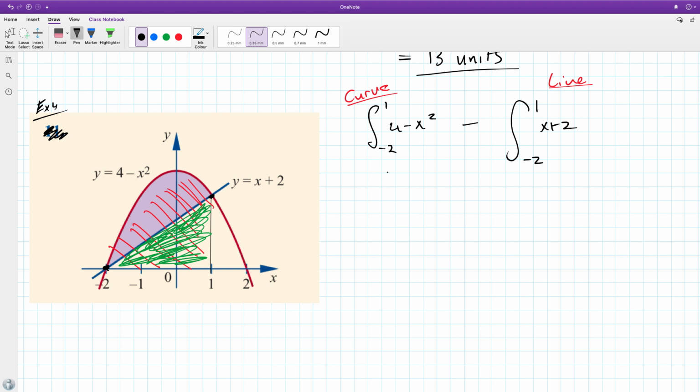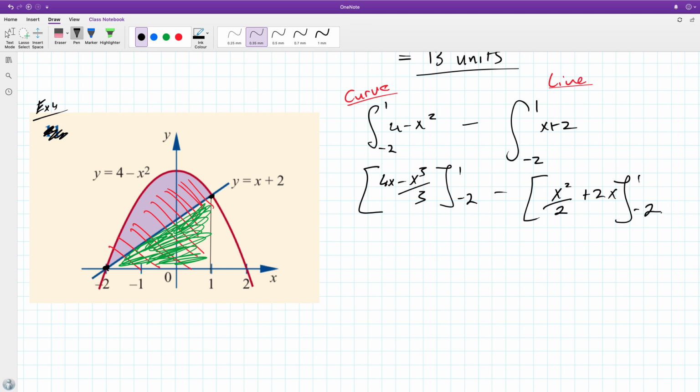So, let's integrate 4 minus x squared first of all. That is 4x minus x cubed over 3 between 1 and minus 2, minus x squared over 2 plus 2x between 1 and minus 2.